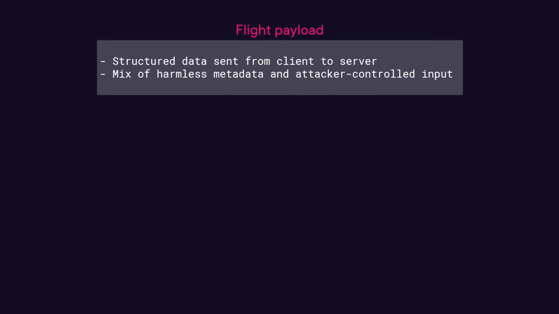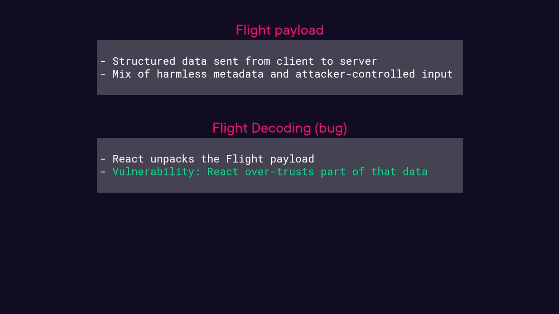So Matt, let's dig into that a little bit. What exactly is it about the React Server component stack that has caused this vulnerability? Well, RSC uses an internal protocol called Flight to move structured data from the server back to the client. Now, CVE-2025-55182 sits right inside that Flight decoding path. When the server unpacks the Flight payload, it trusts part of that data more than it should.